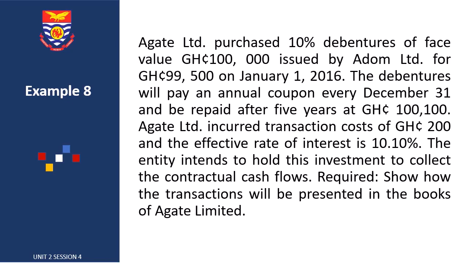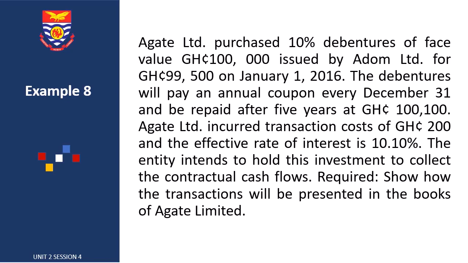The debentures will pay an annual coupon every December 31st and be repaid after 5 years at 100,100 cedis. Agate Limited incurred transaction cost of 200 cedis and the effective rate of interest is 10.10%.